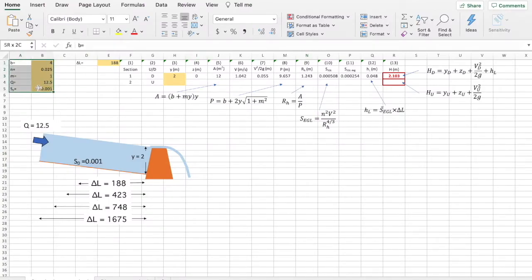Over here, we can see the information about the channel has been put here. The bottom width B of the channel is 4 meters. The Manning's coefficient n equals 0.025. The side slope is x to 1, the flow rate is 12.5 cubic meters per second, and the slope of the channel equals 0.001.